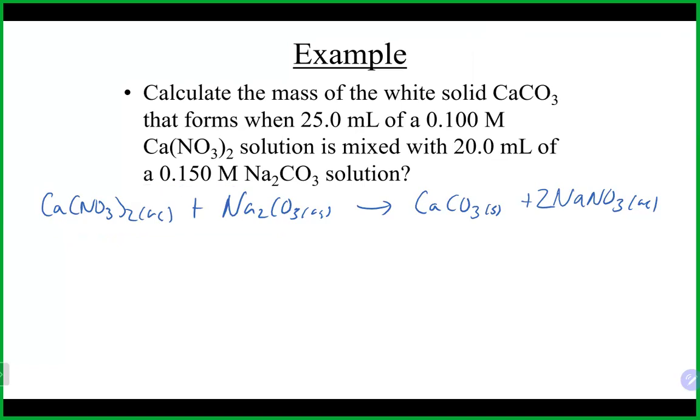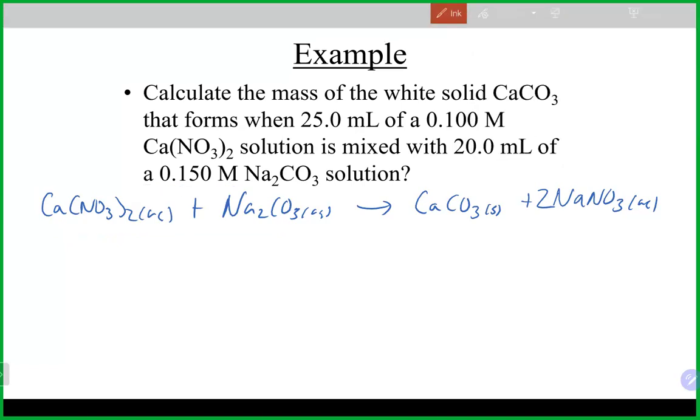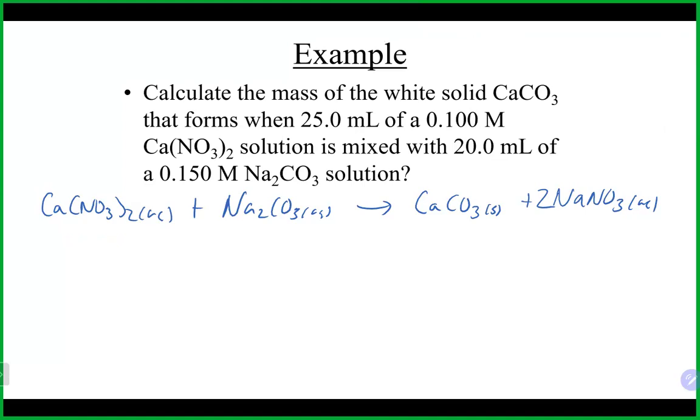Now we want to look at the information given to us in this particular problem. For the calcium nitrate, we have 25 milliliters of 0.1 moles per liter. For our sodium carbonate, we got 20 milliliters of 0.15 moles per liter, which is the molarity.